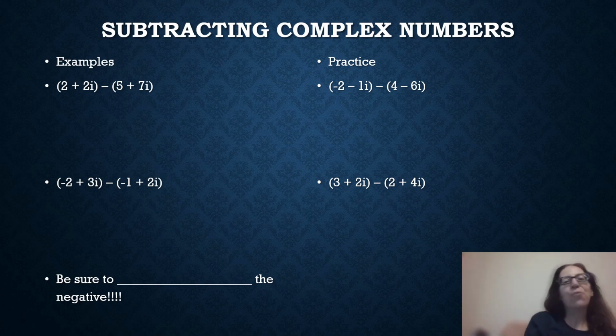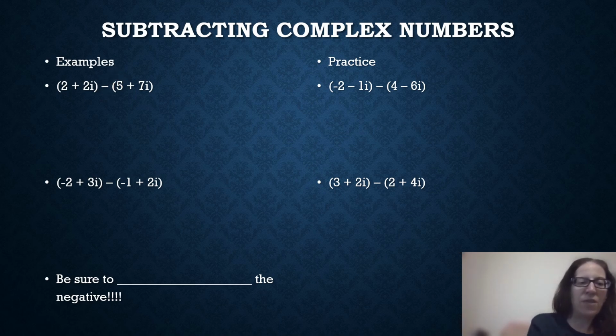Okay, so with subtracting, in subtraction, the parentheses are not actually cosmetic, okay? They actually do serve a purpose. So yes, they set the two complex numbers off from each other, but the second set over here also functions as a grouping symbol, telling you that you are going to subtract everything.